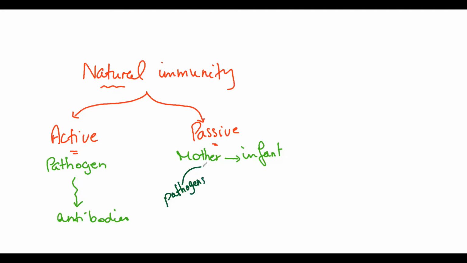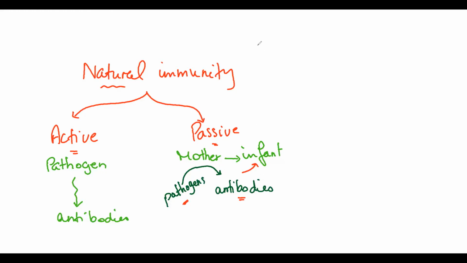Her body started to produce antibodies inside the body of the mother. So during lactation, these antibodies will be transferred to the infant. This is called passive natural immunity. Why natural? Because the antibodies were naturally formed in the body of the mother.